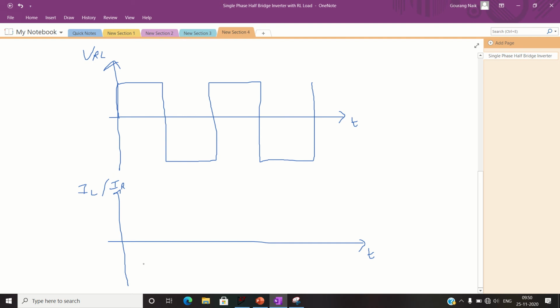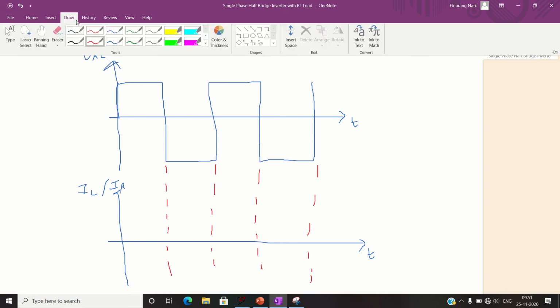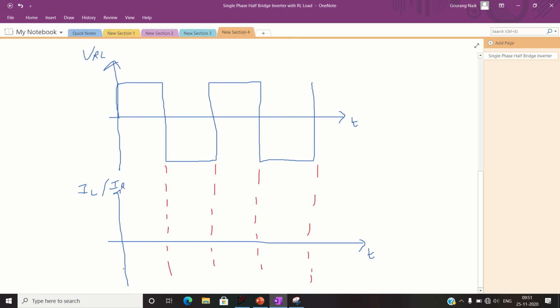So the nature of the current that you will get will be something like this. If I mark the boundaries like this, then the nature of the current that you will get will be split like this. Something like a triangular wave you will get.